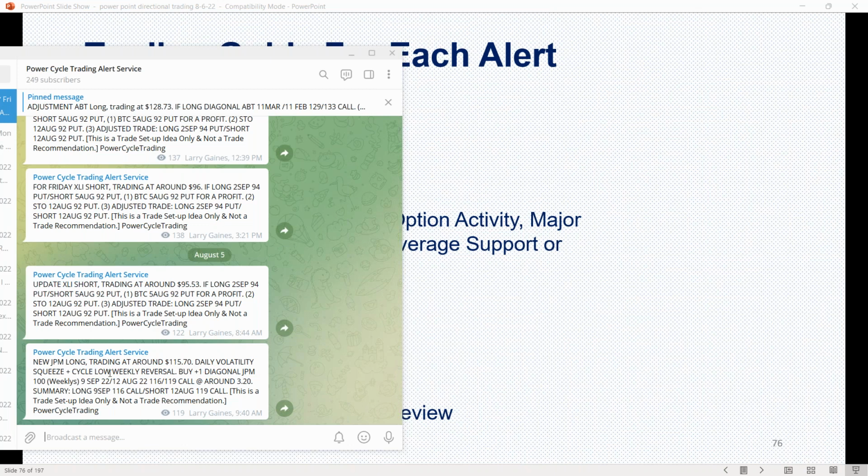Daily volatility squeeze plus cycle low, weekly reversal buy diagonal. 9 September, 12 August, 116, 119 call around 320. Summary, long the 9 September 116 call, short the 12 August 119. And then if I have any alerts that I send out on adjustments or what to do, you'll get all that. So that's kind of what it looks like.